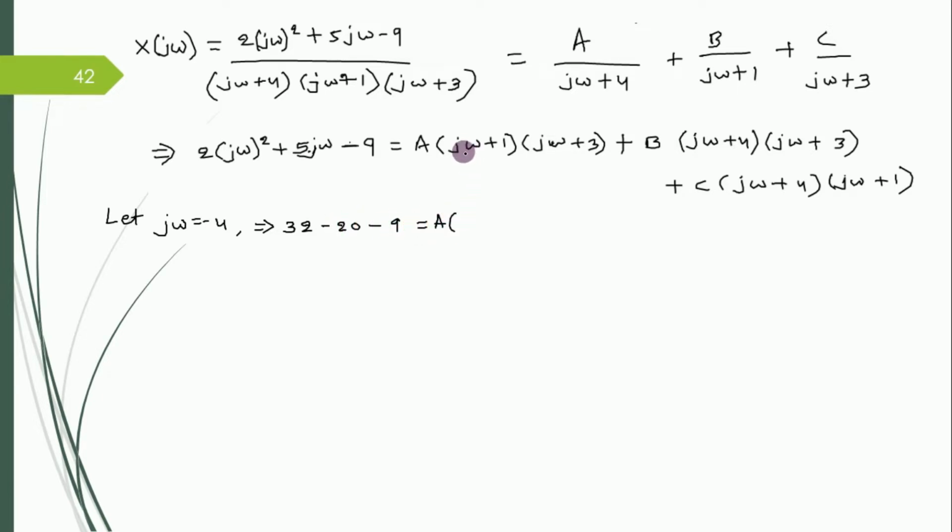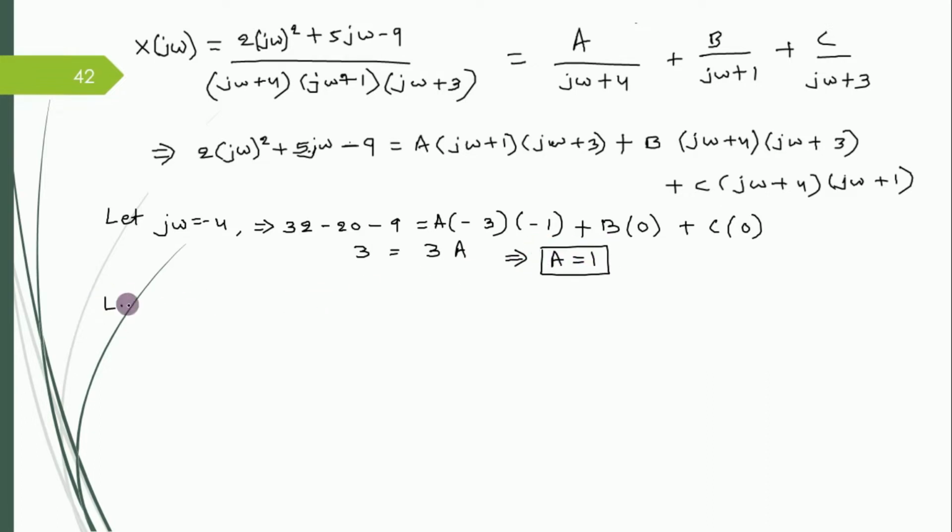A times (minus 4 plus 1 is minus 3) times (minus 4 plus 3 is minus 1), plus B into (minus 4 plus 4 is 0), so everything goes to 0. Similarly here, minus 4 plus 4 is 0, so everything goes to 0. What is left is 32 minus 20 minus 9, which gives 3, equal to plus 3A, so the A value is 1.